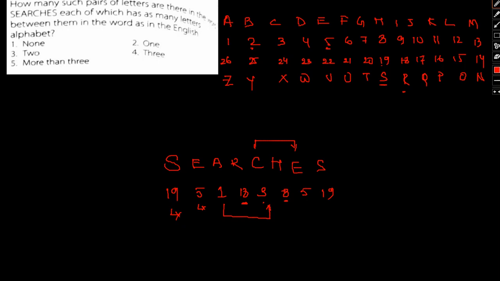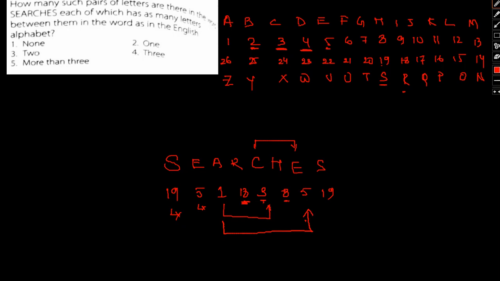So only two pairs of such letters, I think. Okay, we have missed something. Hang on. This is 5, right? And 1. Okay, 1 to 5 is also there. Between 1 and 5 there are 3 letters, and here also there are 3 letters between 1 and 5. Here again, A to E, that is 1 to 5, there are 3 letters. So another pair we have found.